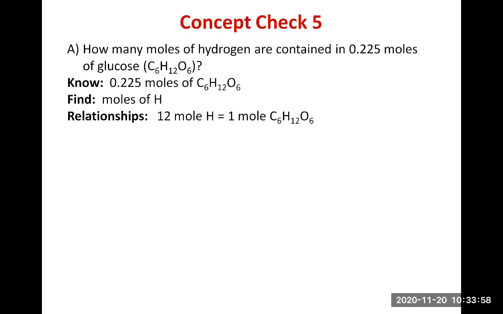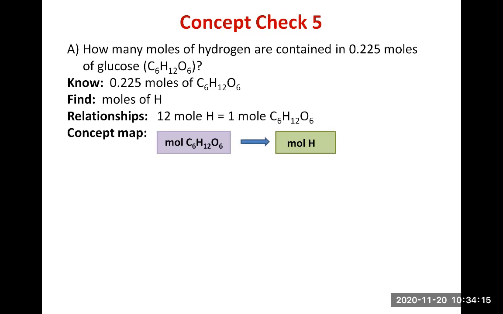So you can say 12 moles of H in 1 mole of C6H12O6. That's going to be a single conversion factor here because we are already in units of moles. From the moles of glucose, we can directly find the moles of just hydrogen using the formula. And the formula says we have 12 moles of hydrogen per mole of C6H12O6.